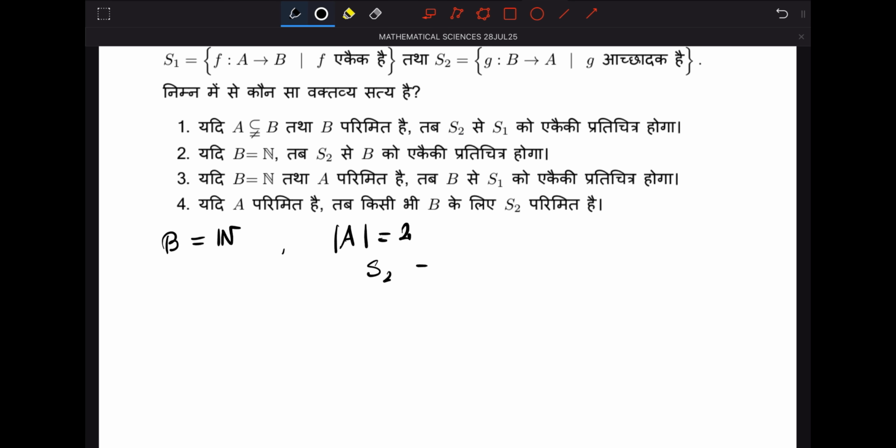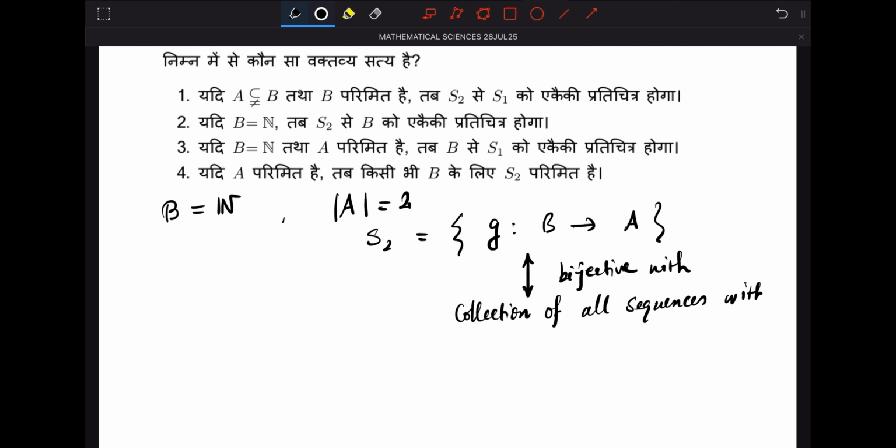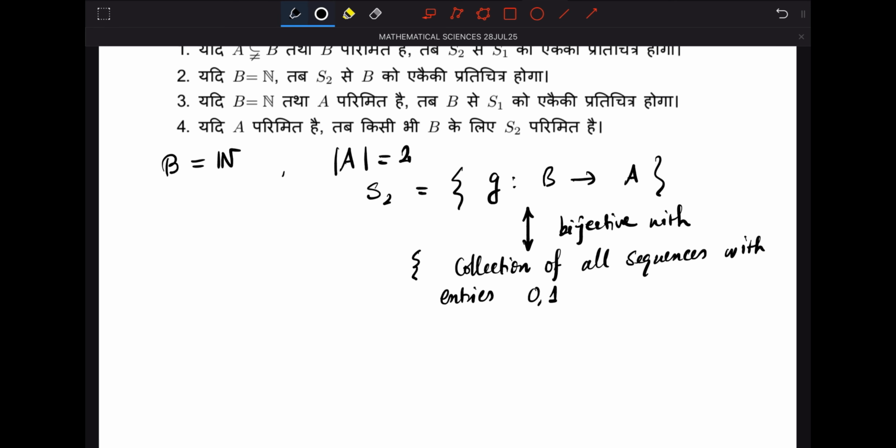S2 is the collection of all surjective maps from B to A, and this is bijective with the collection of all sequences with entries 0, 1, and we know this collection is clearly uncountable.